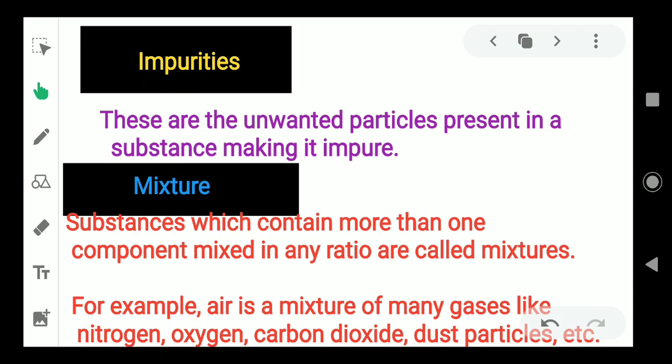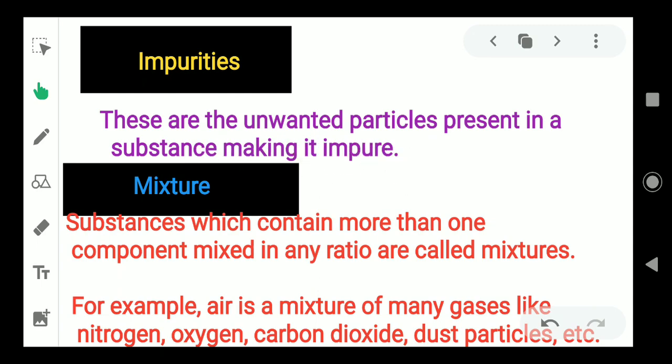In that mixture, one kind may be unwanted or harmful. If you remove such unwanted particles, those unwanted particles are called impurities.